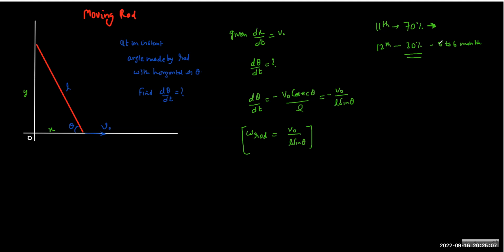What is d theta by dt? d theta by dt is V naught by minus L sine theta. So that is the answer, no? Yes, sir, got it. Not at all difficult, isn't it?